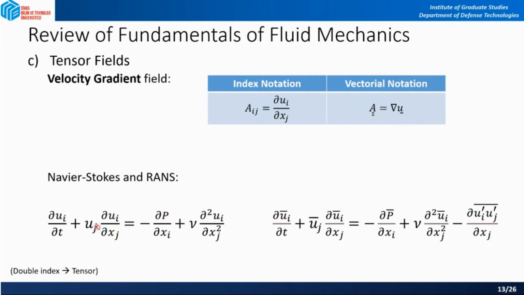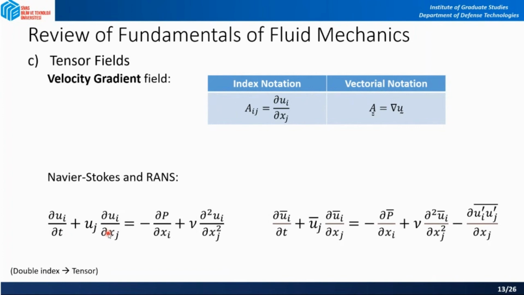You have the vectors, you see ui, uj is a vector, and you do have tensors because you have gradients of velocity. Because there is a velocity gradient, there is a tensor there as well. See, this is the velocity gradient.